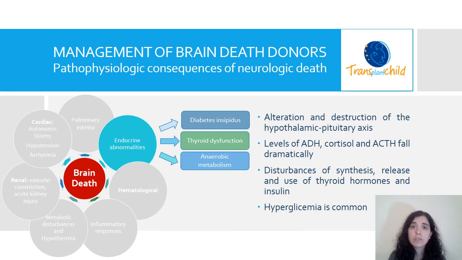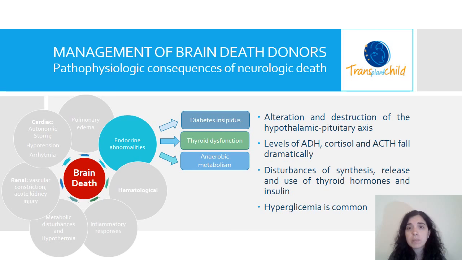Brain death is also associated with disturbances of synthesis, release, and use of cortisol, thyroid hormones, antidiuretic hormone, and insulin. The development of central diabetes insipidus can result in severe fluid and electrolyte abnormalities. Involvement of anterior pituitary function in brain death can lead to deficiencies in T3 and T4, adrenocorticotropic hormone, thyroid-stimulating hormone, and human growth hormone.